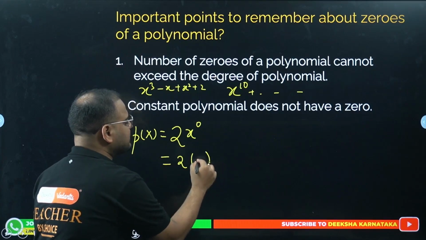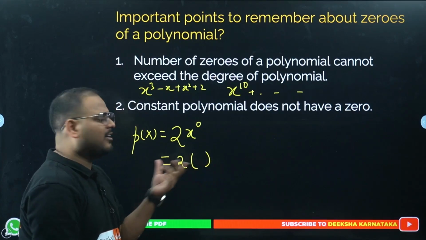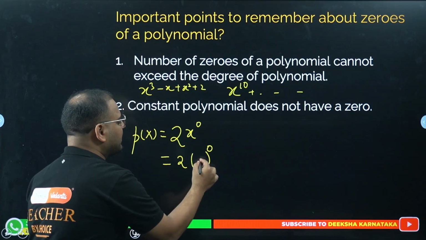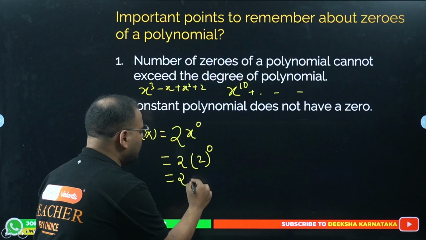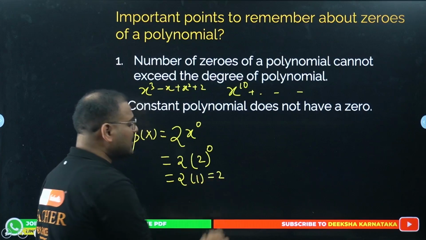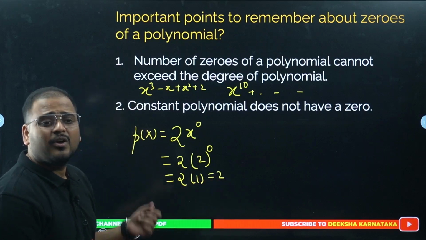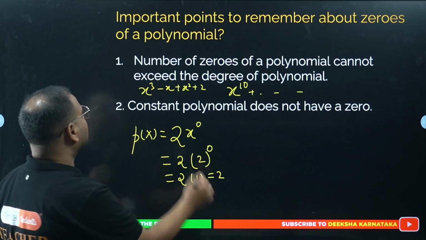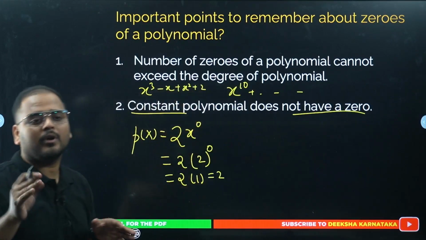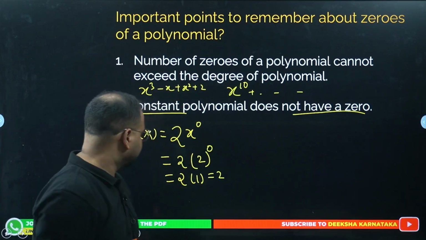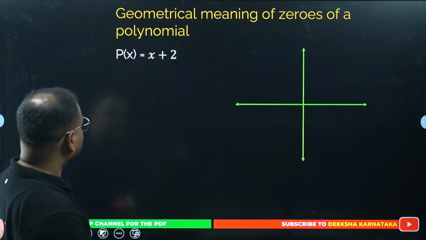Anything you take as x, the power is 0, right? If I take 2, 2 power 0 is how much? 1. So 2 into 1 will be 2. So for none of the values of x is it 0. For any constant polynomial, there is no zero. Simple. Let's move on.